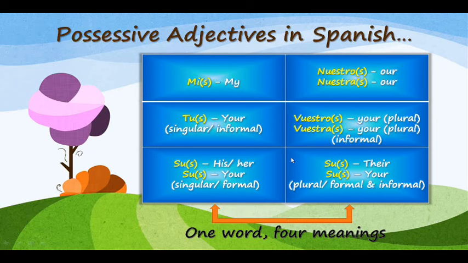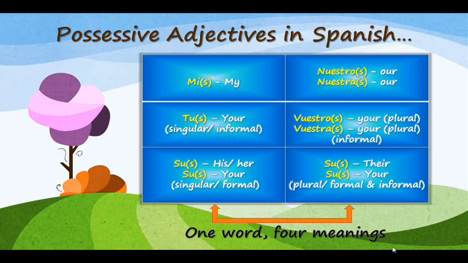So the singular and the plural versions are actually the same. Now, if you look at the nosotros and nosotras forms, for possessive adjectives, they have turned into nuestro, nuestra, or nuestros, nuestras. All of those mean our.